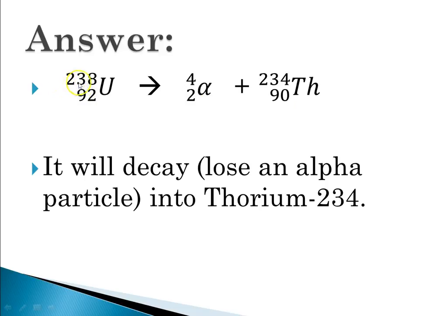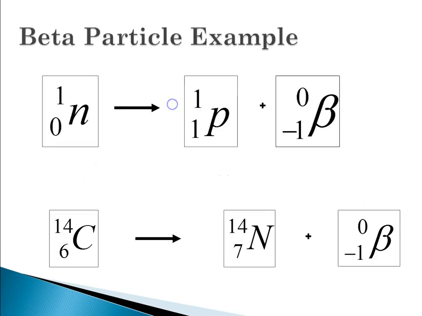If we go back over here to the superscript, which corresponds to the mass, we have 238 for uranium, and if we add the 2 masses on the right of the arrow, 4 plus 234 equals 238. So when we're doing these problems, you just have to remember that you're going to have to make sure that the numbers on the subscripts and superscripts on both sides of the arrow are the same.